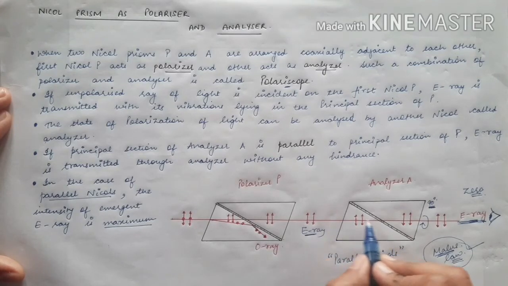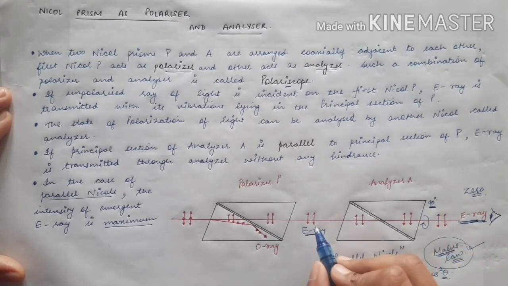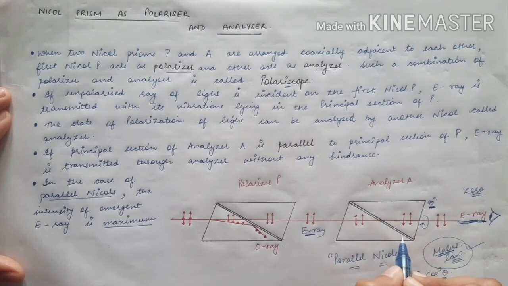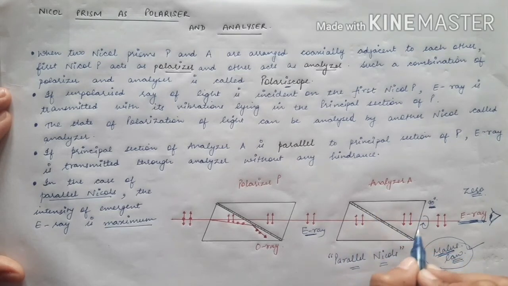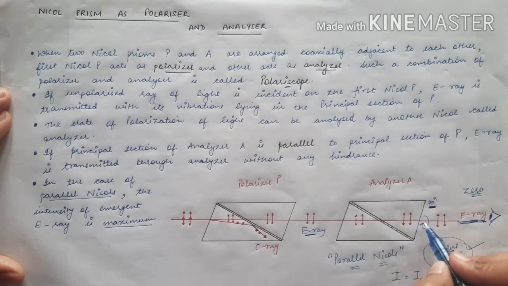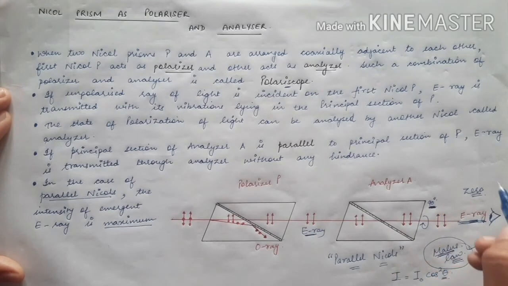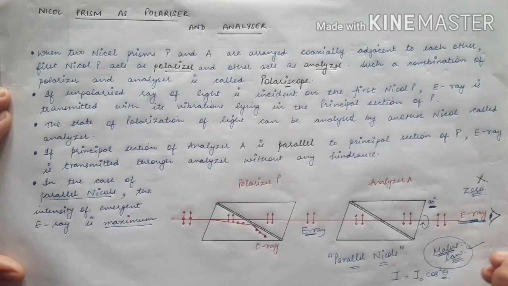Therefore, after rotation by 90 degrees, there will be no emergent ray, and the intensity of the emergent ray will be 0.